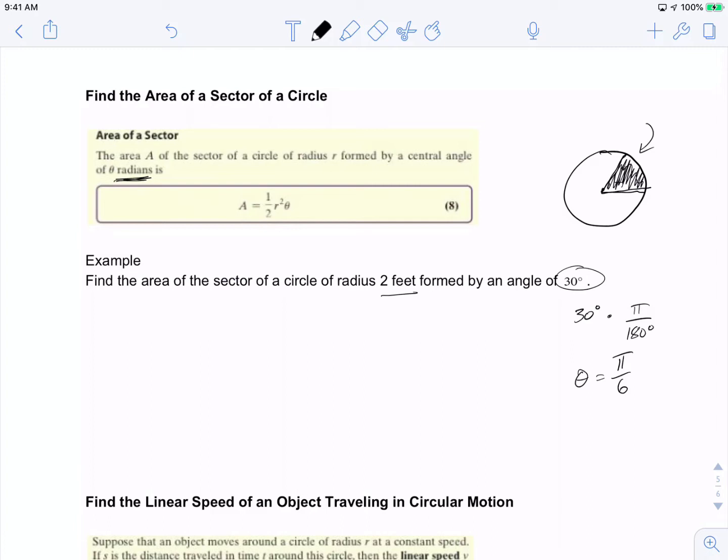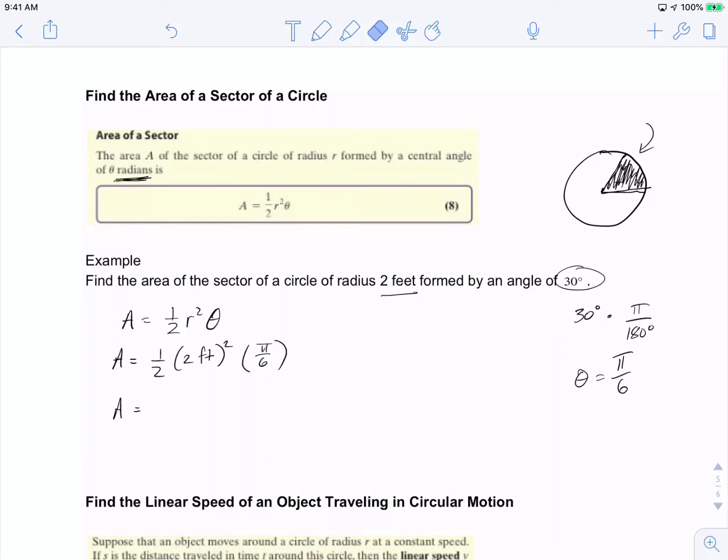So now from there, using the formula, area is 1/2 r squared theta. We're going to get area is equal to 1/2 times 2 feet squared times pi over 6. That's going to result in the area being pi over 3.